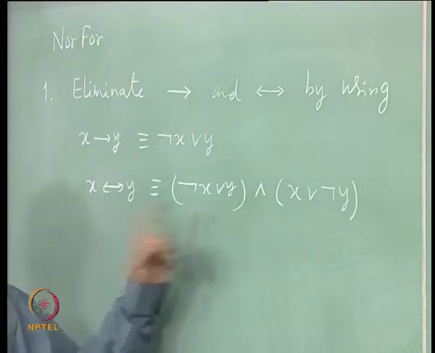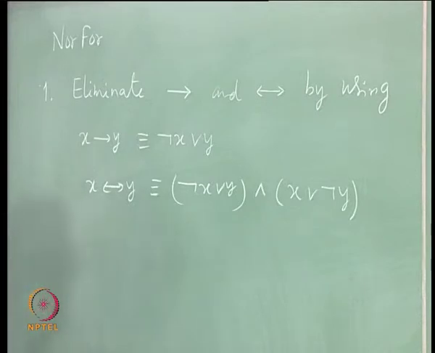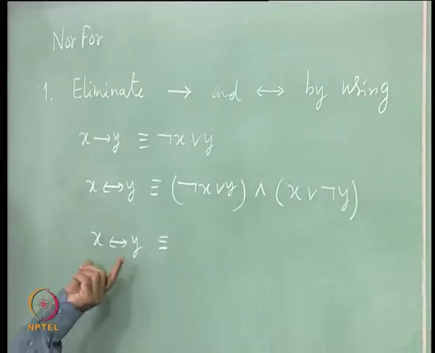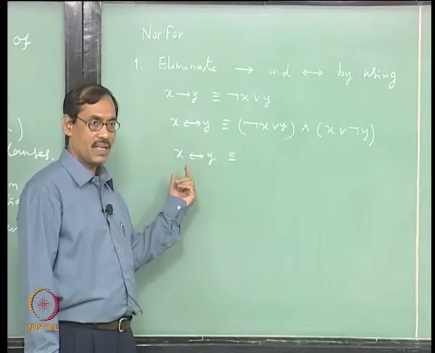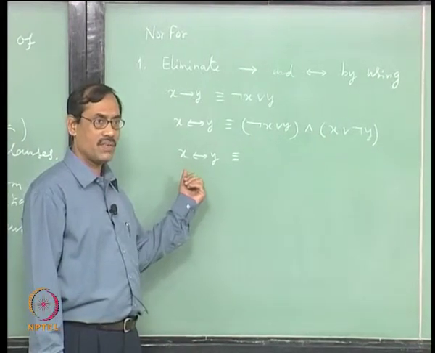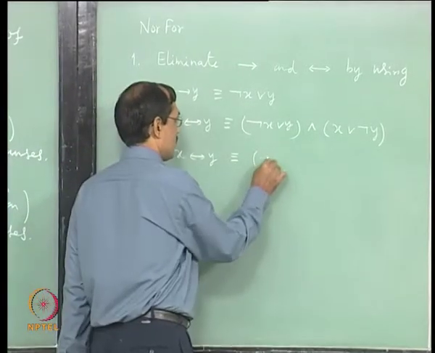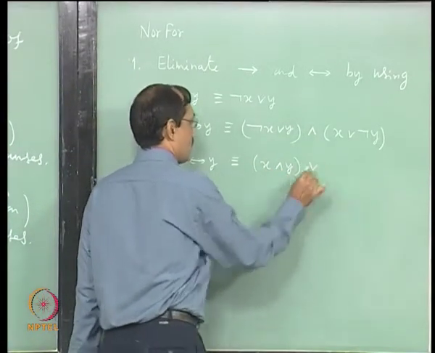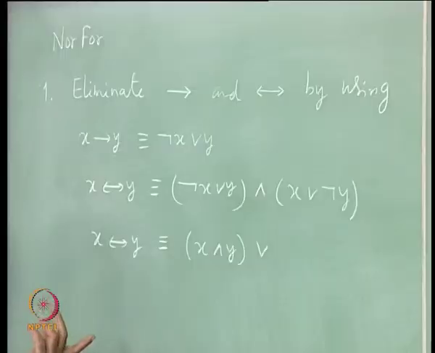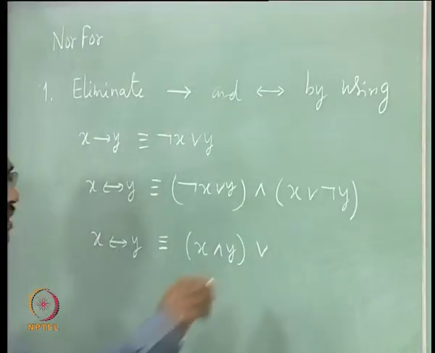Or you can write it in a different way. You can also say x if and only if y is equivalent to, you just see its models. Its models are when x and y have the same truth value. So, if x and y are both true, you get x and y, or both are false, so not x and not y.